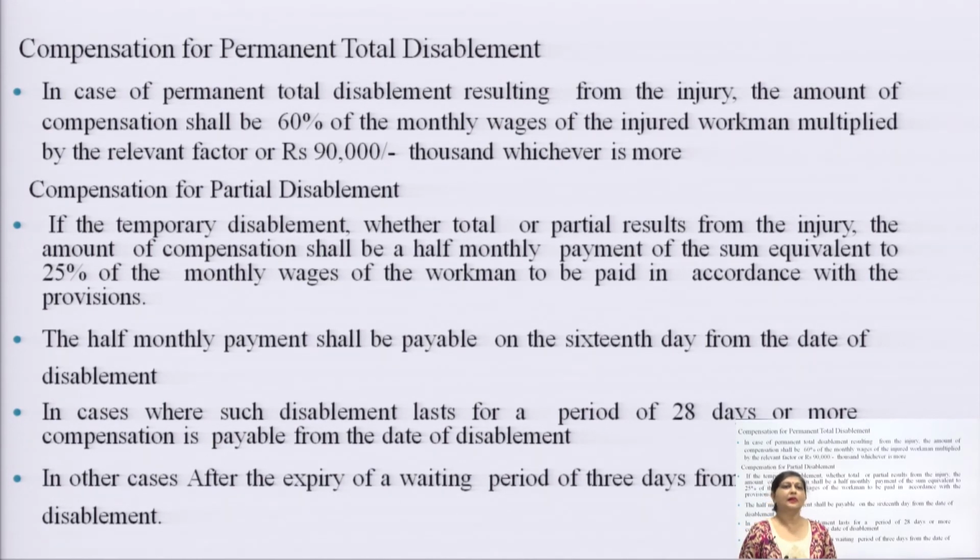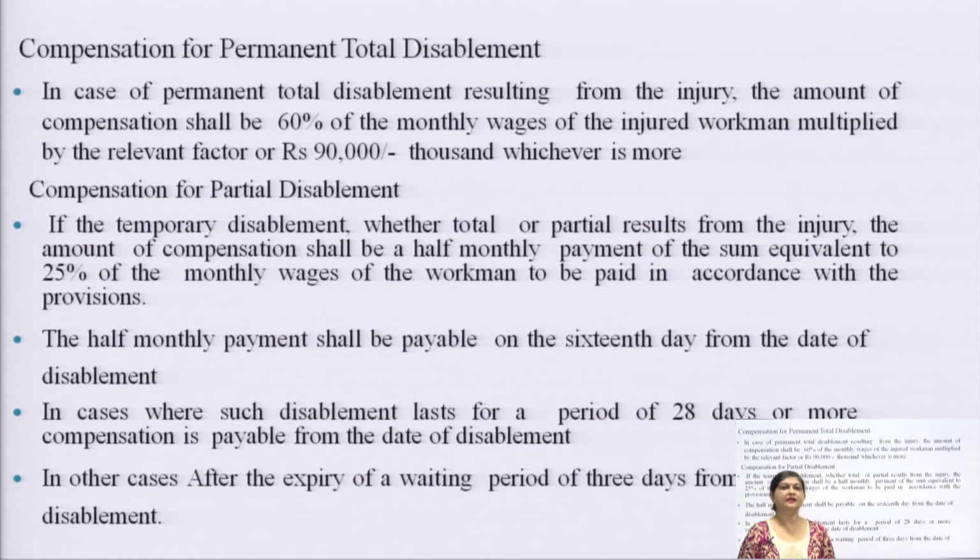Now, next is compensation for partial disablement. Partial disablement means some injury caused to the workman where he has lost his finger or his hand or something like that. This is called partial disablement. So, in that case how will we calculate the compensation?